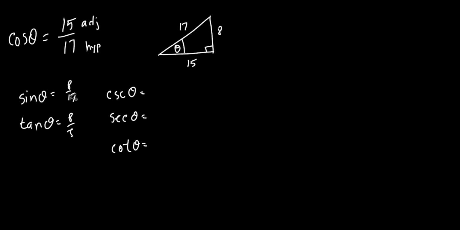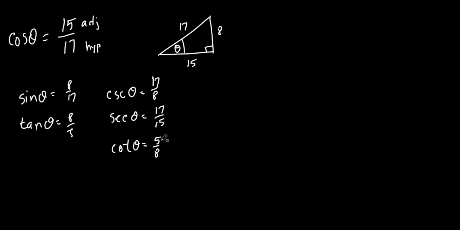So if the sine was 8 over 17, what's the cosecant? 17 over 8. It's just the reciprocal. The secant is the reciprocal of the cosine. So if the cosine is 15 over 17, the secant is 17 over 15. See how easy that is? Cotangent is the reciprocal of the tangent. That was 8 over 15, so this is 15 over 8. And then you're good to go.